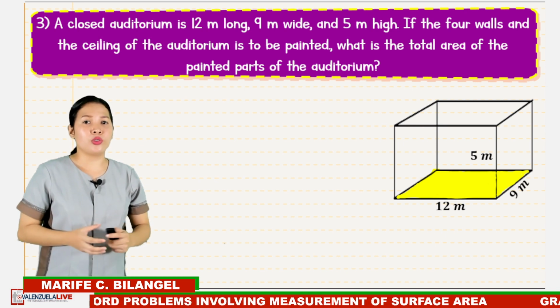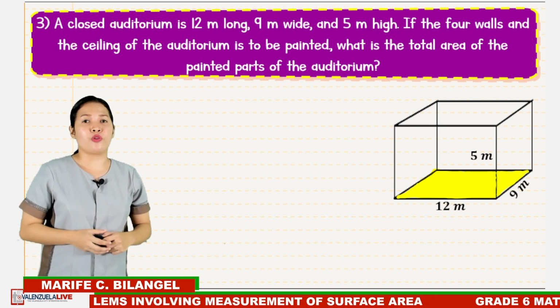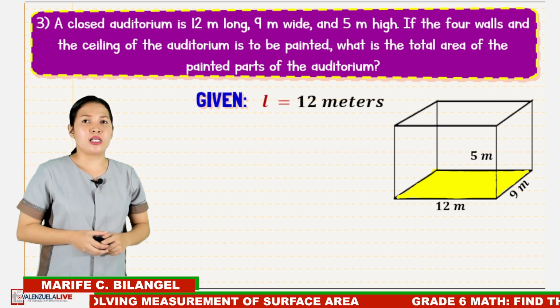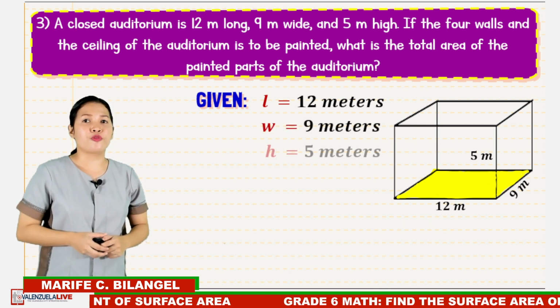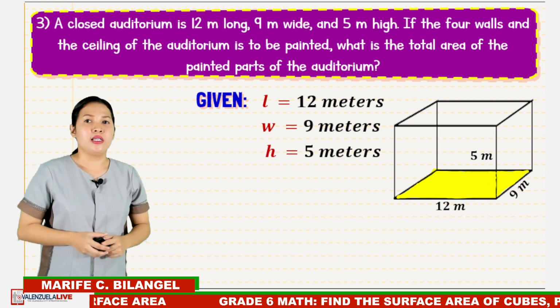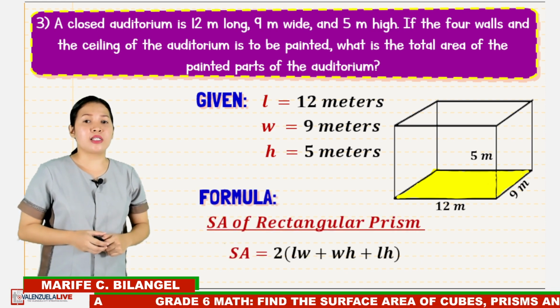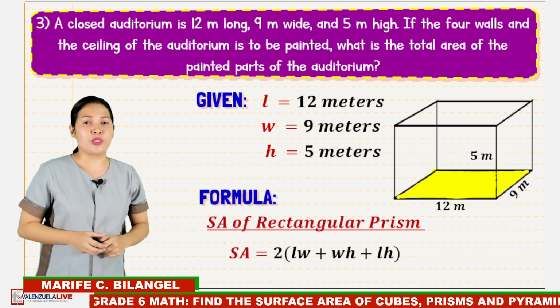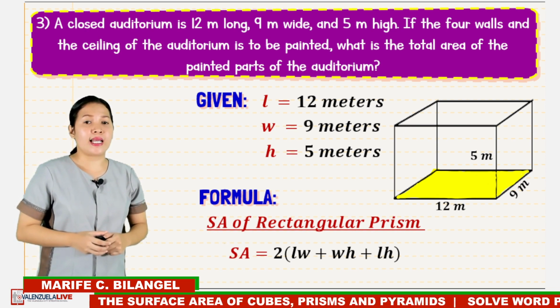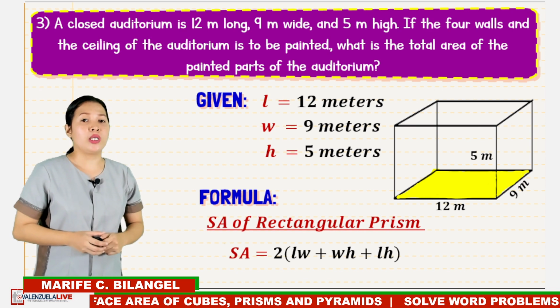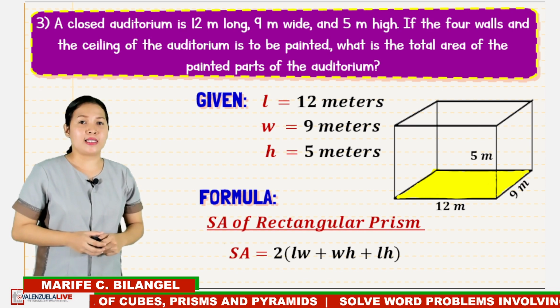Since the auditorium has the dimensions of a rectangular prism, it is 12 meters long, 9 meters wide, and 5 meters high. The formula in getting the surface area of a rectangular prism is equal to 2 times (length times width plus width times height plus length times height).